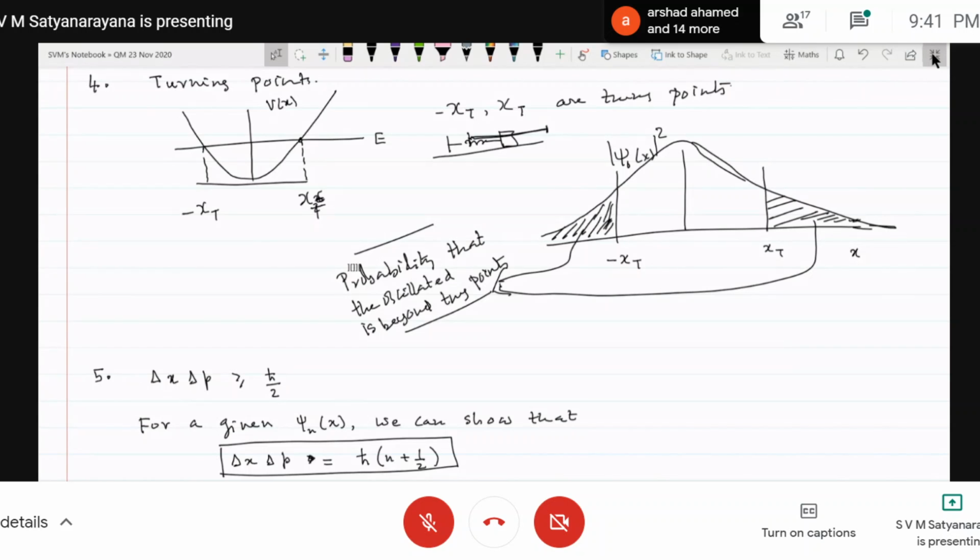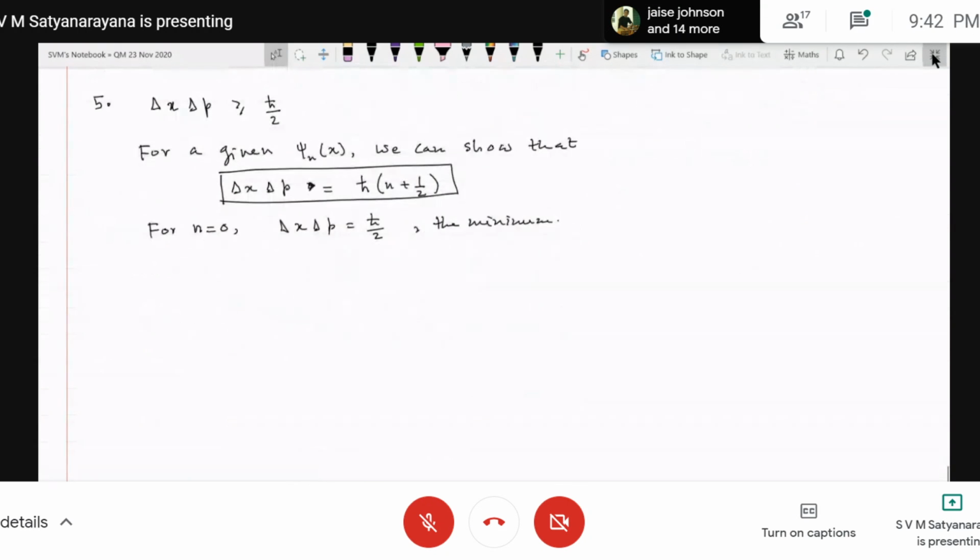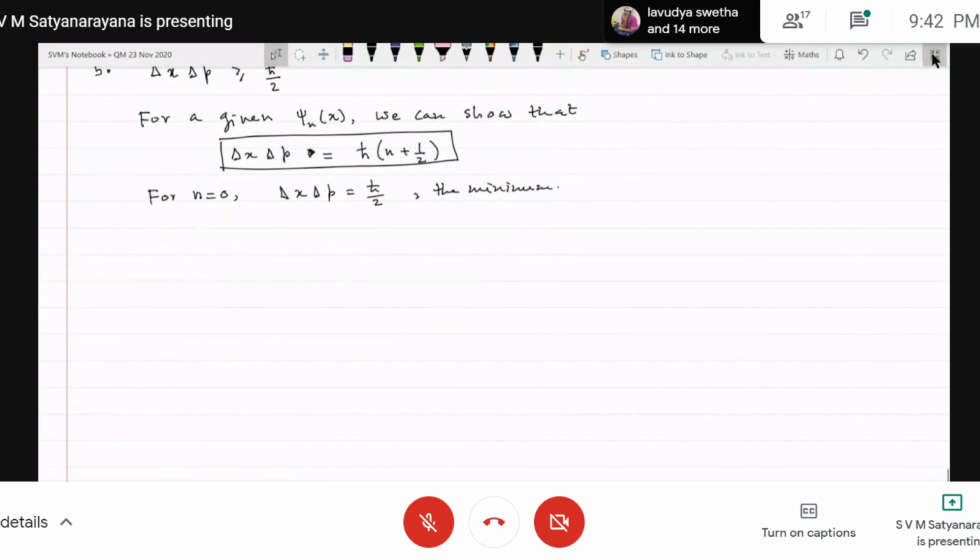I think one last remark I wanted to make is that if you are interested in looking at higher dimensions, for example, in 2 dimensions, you have 2 types of harmonic oscillators. One is called the isotropic harmonic oscillator, and the other the anisotropic.